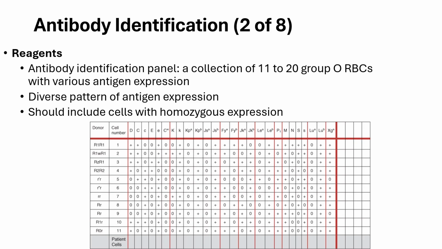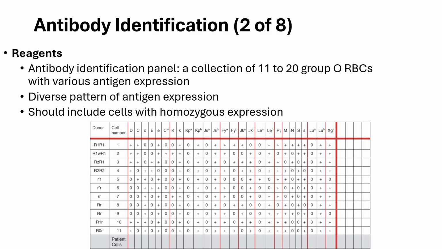A panel of red blood cells is used to identify specific antibodies in a patient's serum. This typically consists of 11 to 20 group O red blood cells. Group O cells are used to avoid interference from the ABO antibodies in the patient's serum. Each red blood cell in the panel has a different combination of antigens from common blood groups like Kell, Duffy, Kidd, and MNS.